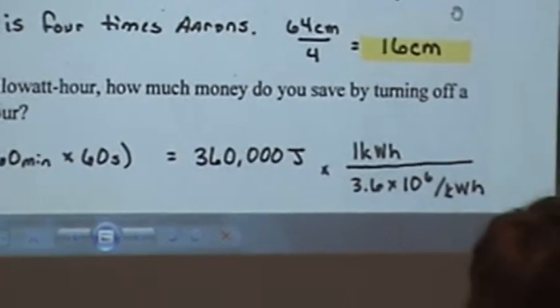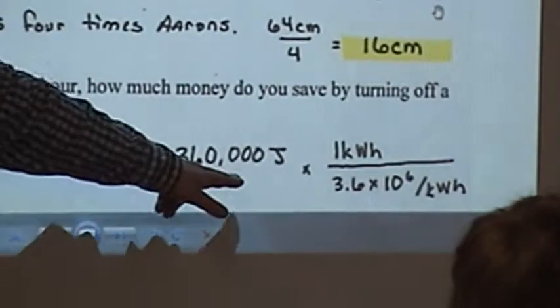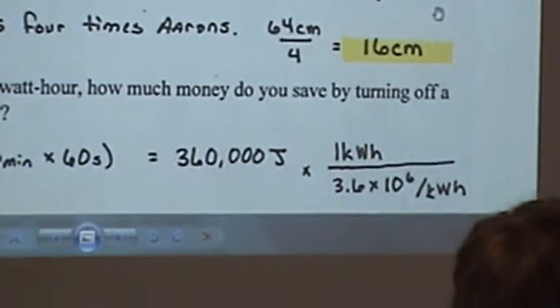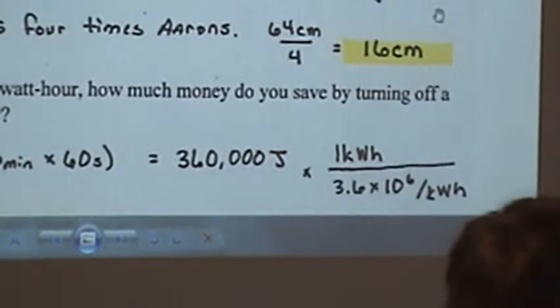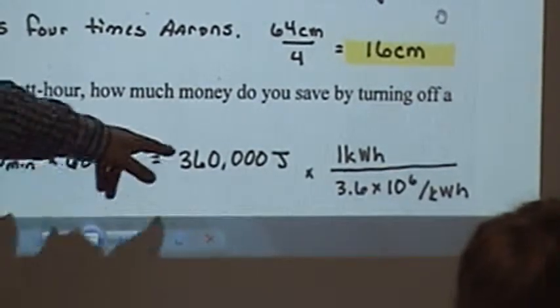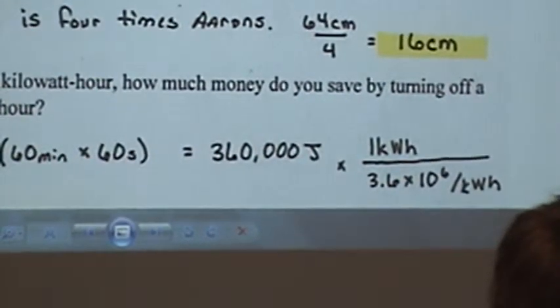So the total energy used by 100 watts times 3,600 seconds would give you 360,000 joules. Well, a kilowatt, which is 1,000 watts for an hour, would give you 3.6 times 10 to the 6 joules. It would be 10 times bigger, meaning that you use 1/10 of a kilowatt hour.